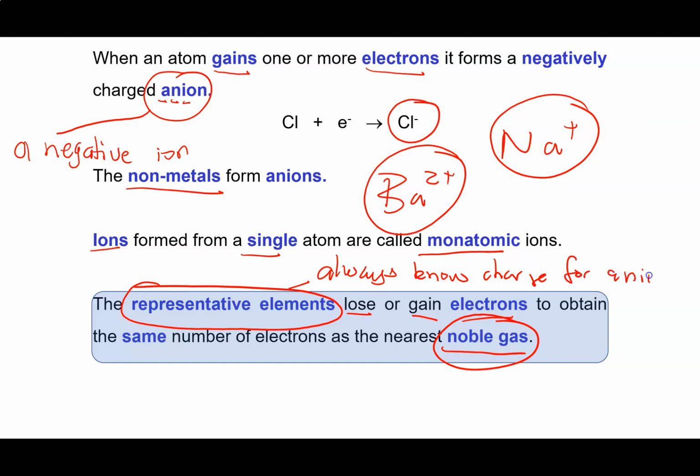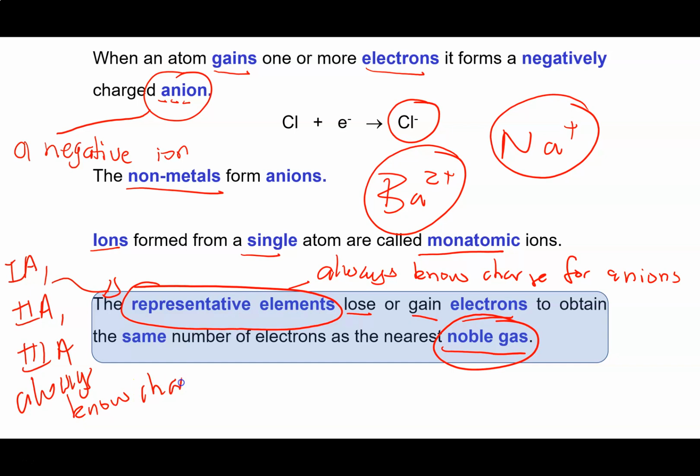Every time, so there's never any confusion. Not all of the metals are representative elements, but for those metals that are in group 1A, group 2A, and group 3A, we can figure out the charge. We always know the charge for those. So for a lot of the elements, we always know what kind of ion they're going to form.